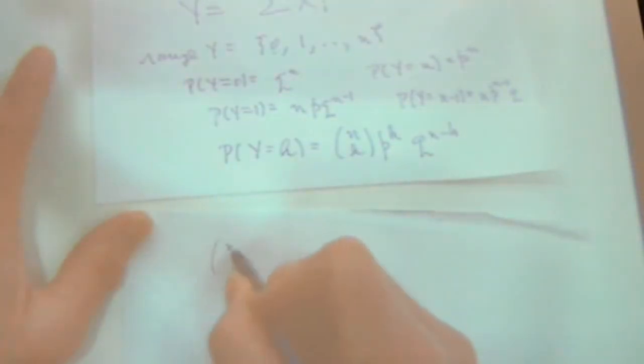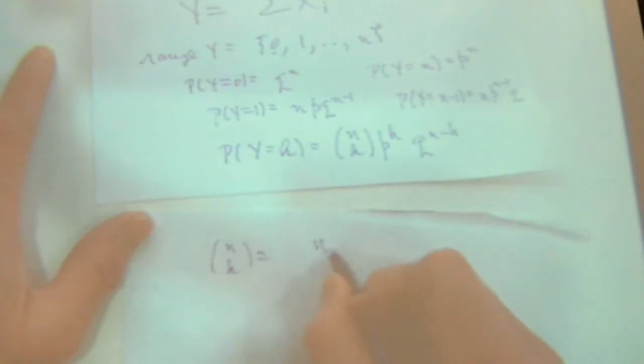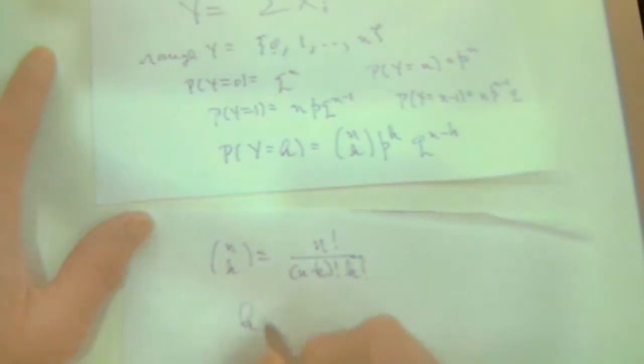This is n choose k, that dumb thing I wrote at the beginning. And it's just n factorial over n minus k factorial times k factorial. Remember, the k factorial is k times k minus 1, etc.